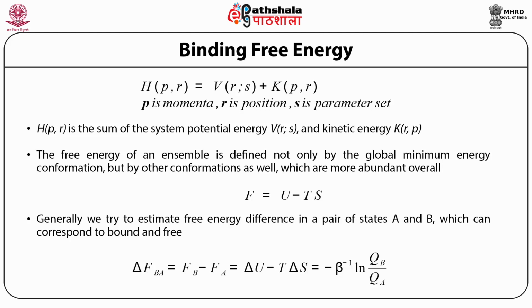The delta U represents how much energy is lost or gained due to the binding, and delta S is how much entropy is gained or lost. And the total value should be represented with beta, which is constant with respect to time, the temperature. However, it is the ratio between the available systems in Q, that is Q_B is the partition function of all the ensembles in state B, and Q_A is state A. So this is the binding free energy expression.